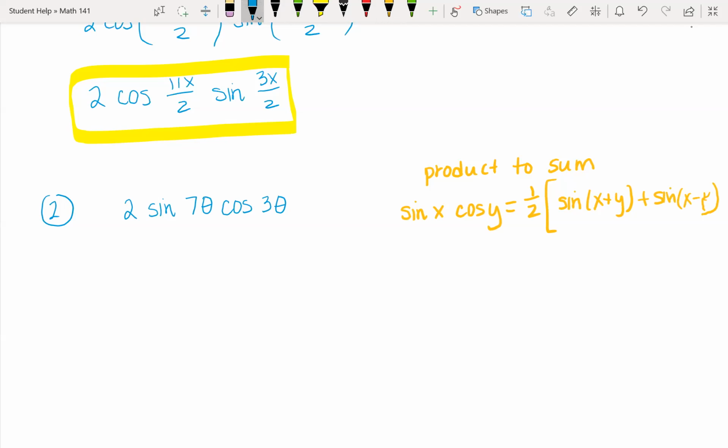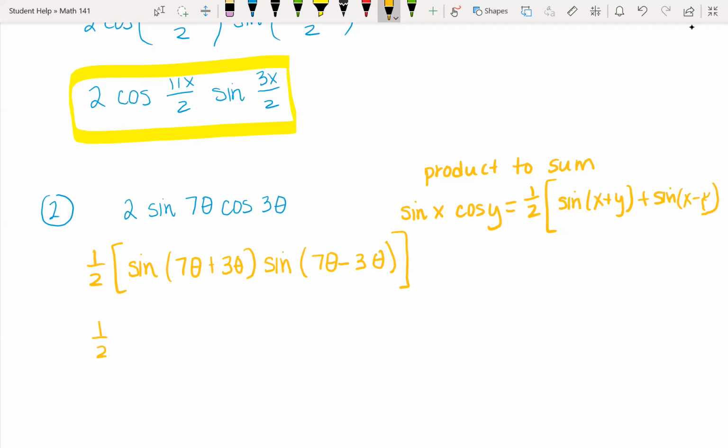Okay. So we'll do 2 times, oops. We're going to do 1/2 sine of 7 theta plus 3 theta, and then sine of 7 theta minus 3 theta.